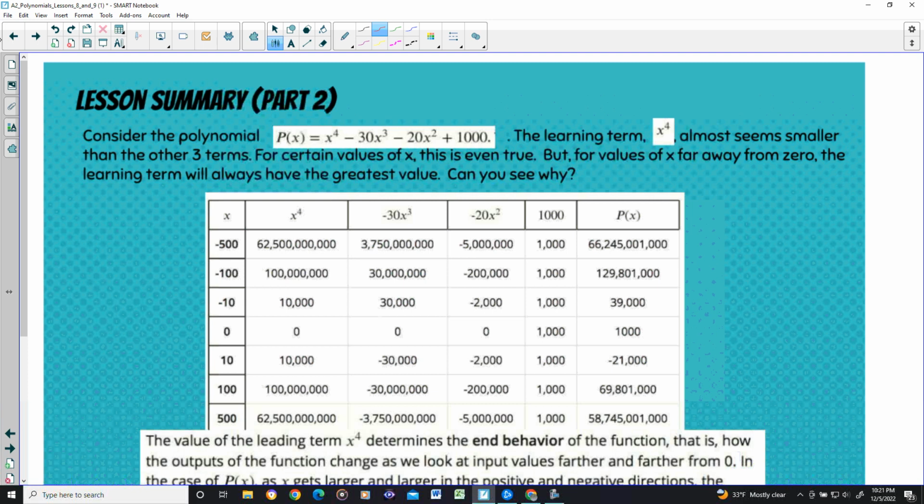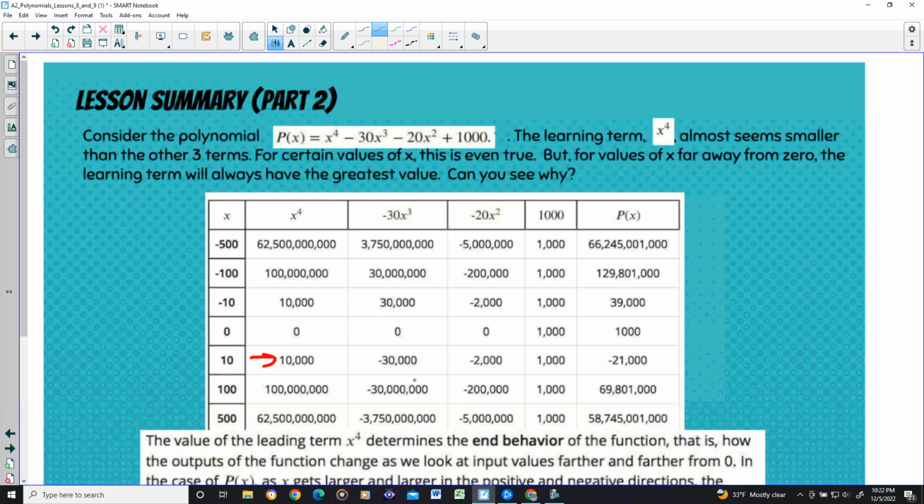In fact, if you look at, say, a number like 10, and you plug 10 in for x, yeah, look at what happens. The biggest term is the negative 30x to the third. That dominates there.